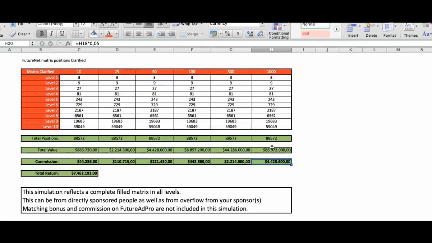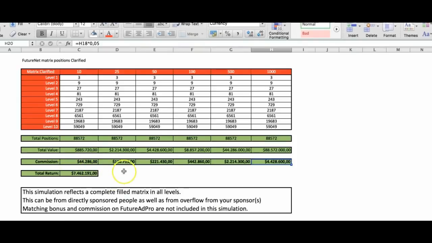Now obviously the higher the matrices go, the slower it goes, the more time it takes for people to reach that level, unless people decide to buy into that level immediately for the reasons that are obvious. Why? Because let's just imagine, and this is reality, I'll show you afterwards, if you get 5% commission on the fees that people pay for their membership of that matrix, that means the first level matrix, if it gets saturated, if it is completely filled up, will give you a return of 44,000.